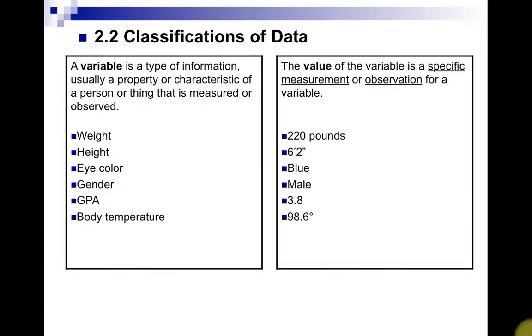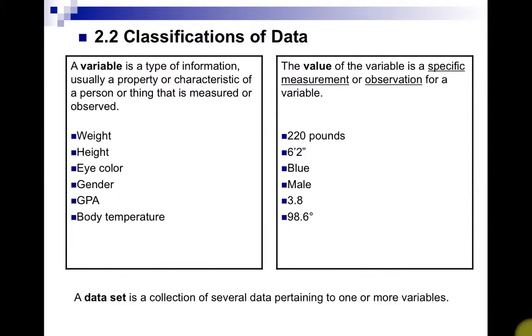The value of a variable is a specific measurement or observation for a variable. So specifically, one person could have the values 220 pounds, 6'2", blue, male, 3.8, 98.6. That would be the particular values for the variables for one person.